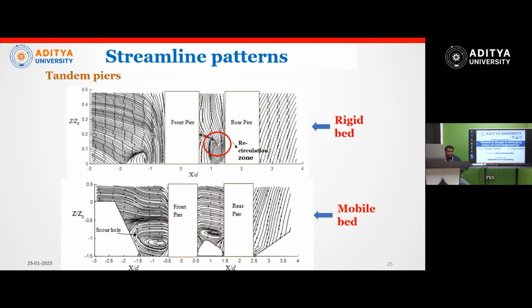This is why the local scour at the downstream pier has been reduced. Because of this recirculation zone, the fluid particles are moving very slowly, so they are unable to erode the bed particles. So there is no local scour happening behind the pier, meaning the downstream pier.